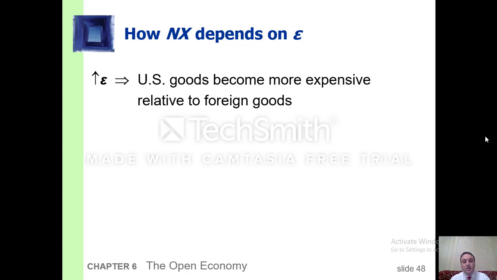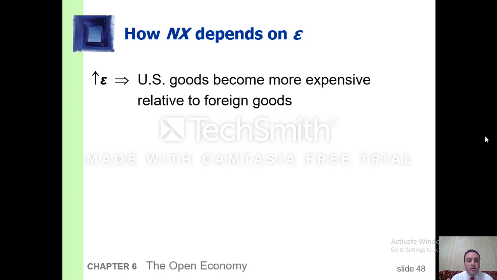As we can see, when the real exchange rate increases, the US goods become more expensive relative to the foreign goods. Again, in all our examples we are talking about the exchange rate of the American dollar.